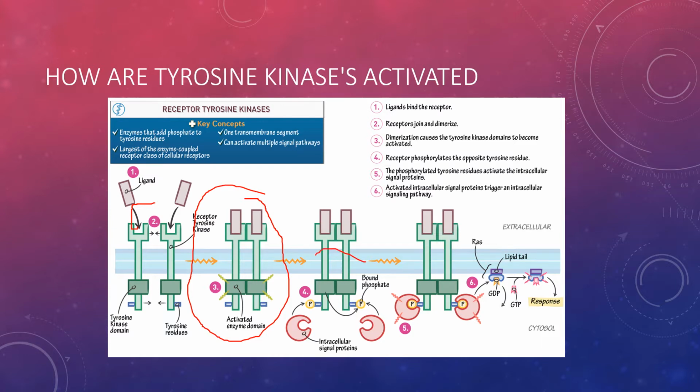And then once the domains become activated, the receptor phosphorylates the opposite tyrosine residue, so here. And then the phosphorylated tyrosine residue activates the intracellular signal proteins. And then after the proteins are activated, they trigger an intracellular signaling pathway, which is over here on the last step.